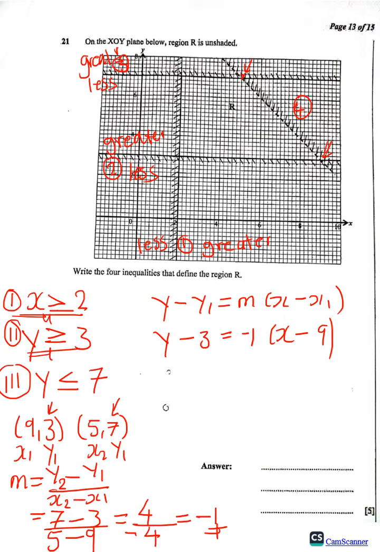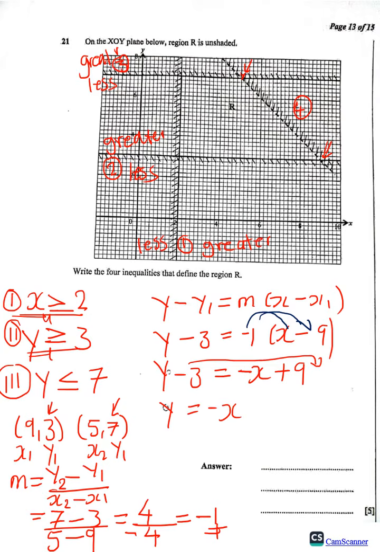So we are going to distribute negative 1 with everything inside the brackets. Negative 1 times x is negative x. Negative 1 times negative 9 is positive 9. From there, we have to move negative 3 to the other side. y is equal to negative x plus 9 plus 3. Then y is equal to negative x plus 12.